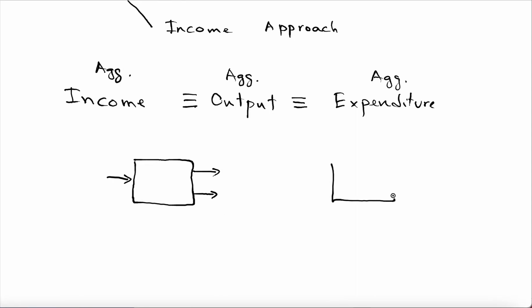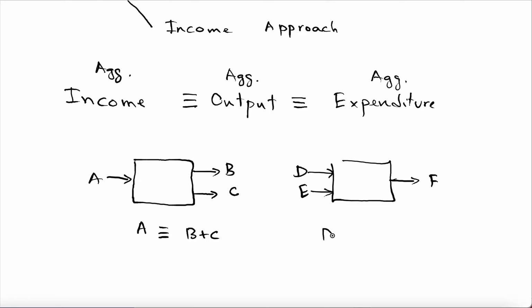So if two arrows go in and one arrow goes out, or one arrow goes in and two arrows go out, it's always, if this is A, this is B, this is C, then A is always equal to B plus C. Or if it is D, E, and F, D plus A is equal to F, because the national accounting is actually measuring the energy or mass content of inputs and outputs.